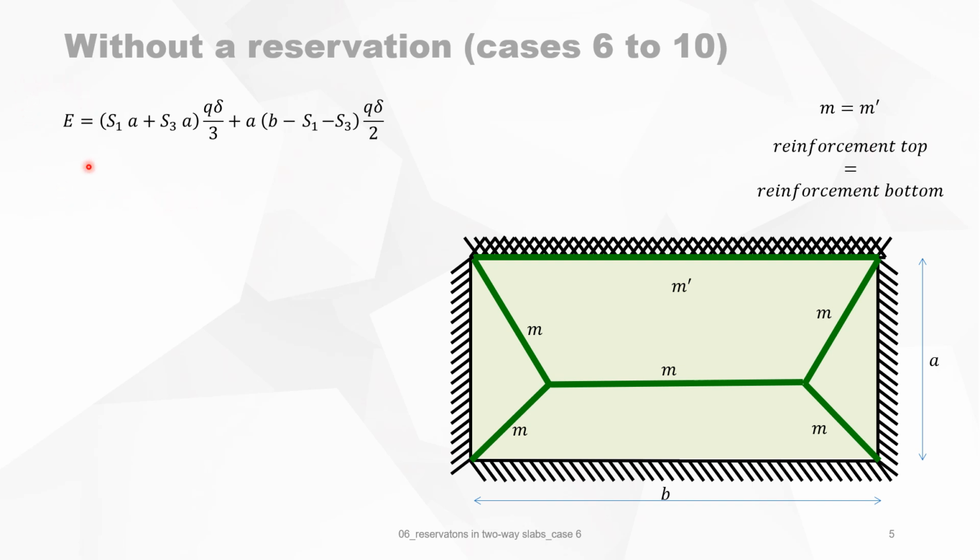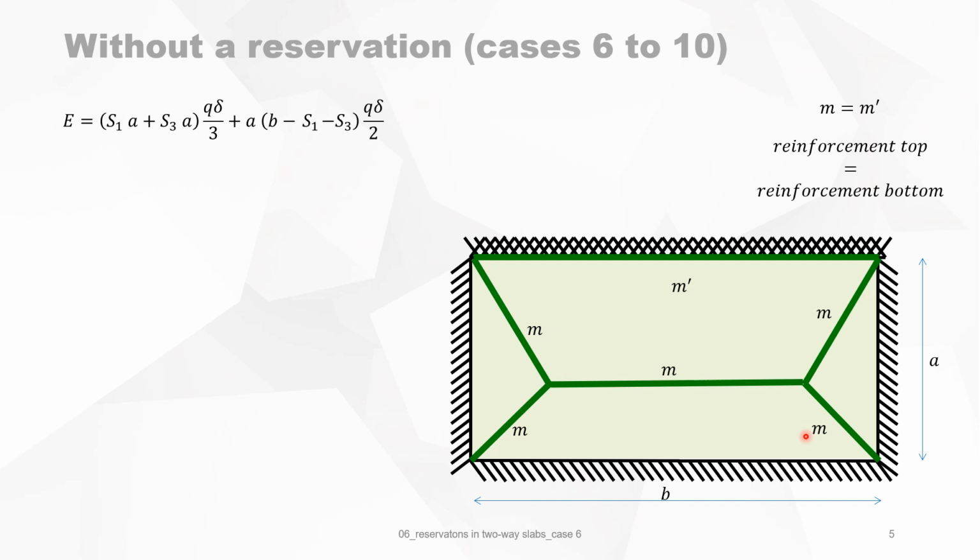The work done by the external forces is then given by a summation of triangles and rectangular portions of the slab. First of all, we consider 3 triangles on this side and the 3 triangles on the other side.